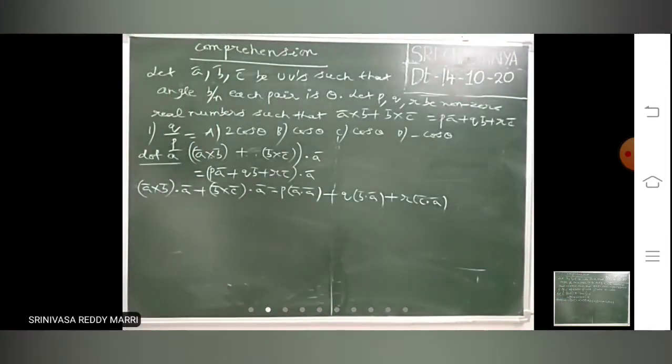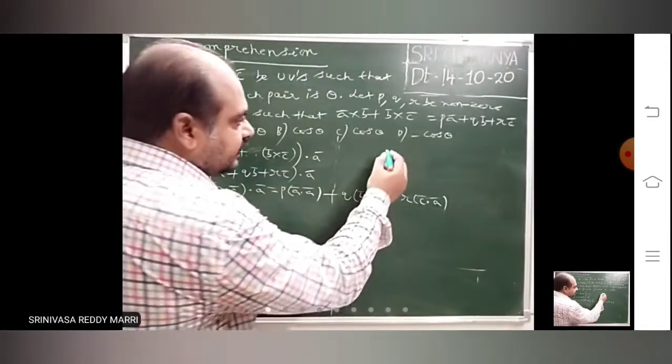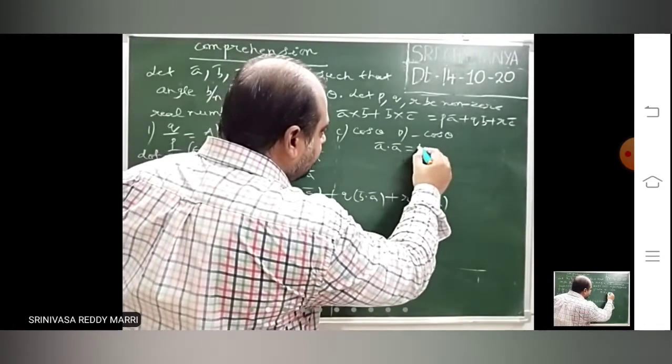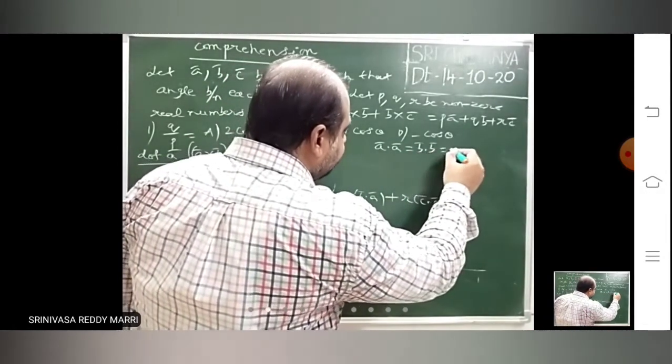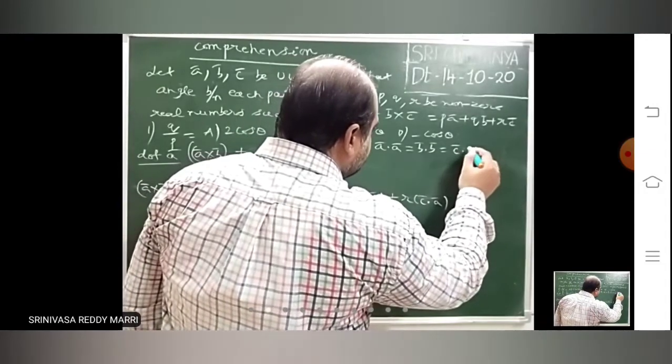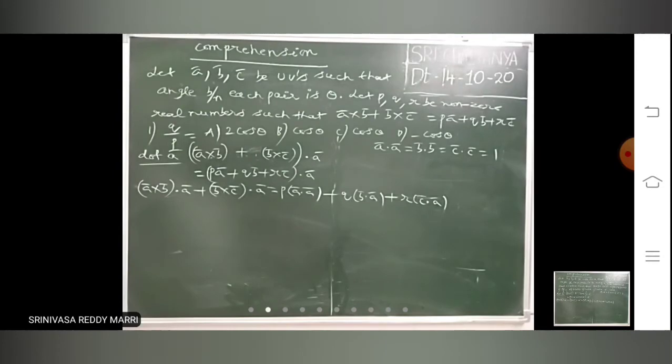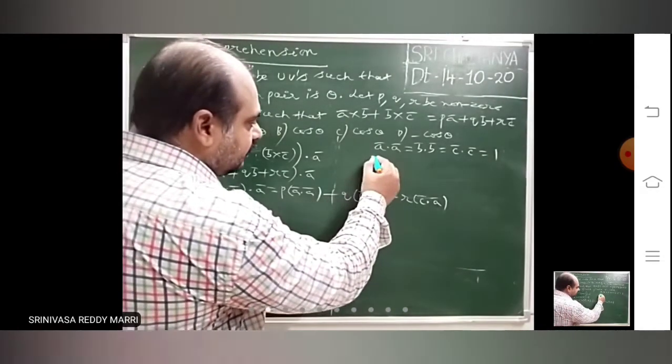Look at this. Now here I will write, A bar dot A bar, B bar dot B bar, C bar dot C bar is what? 1. Because A dot A is modulus A whole square, unit vectors are given. So these are all 1.